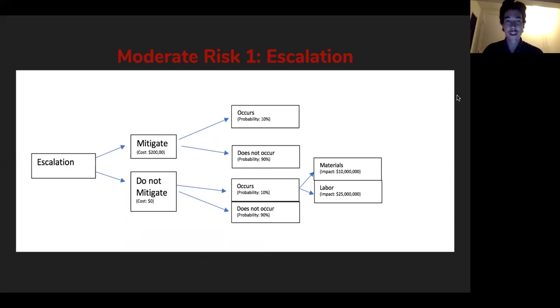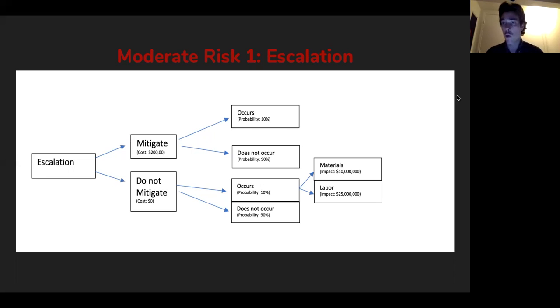Didn't realize I was. So another moderate risk that we determined, this is actually our first moderate risk, is the determination whether to mitigate or to not mitigate escalation of costs on the construction site. As you can see, the probability of escalation occurring is 10% compared to 90% if it does not occur.